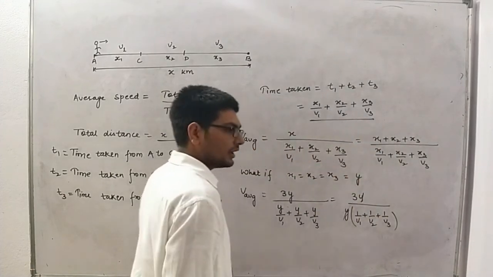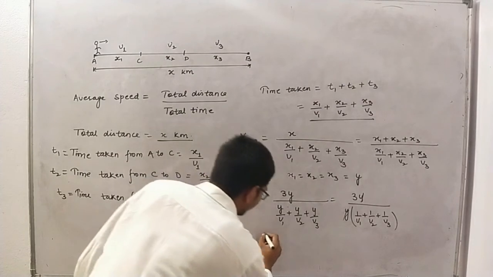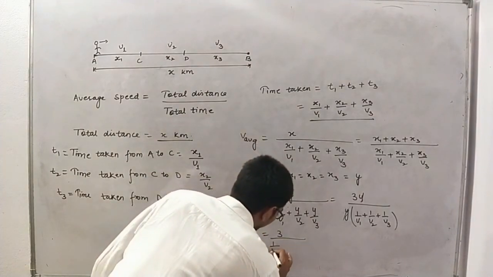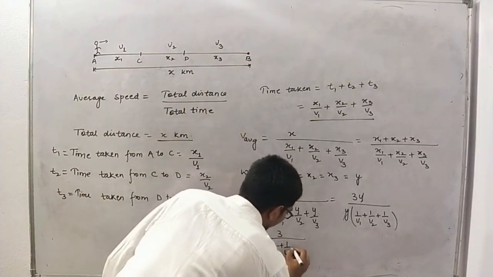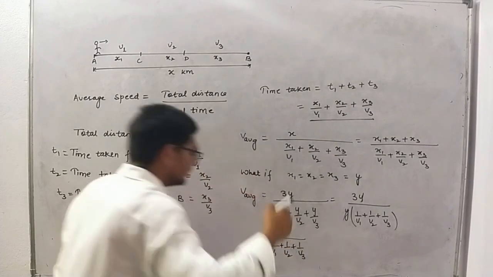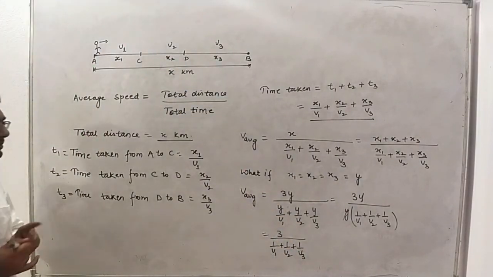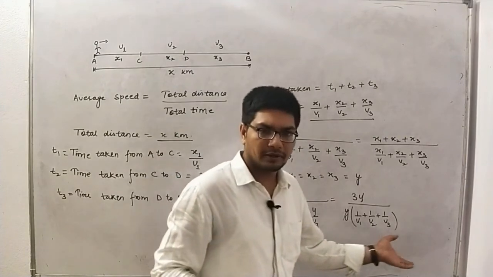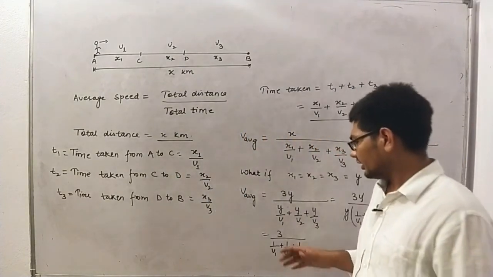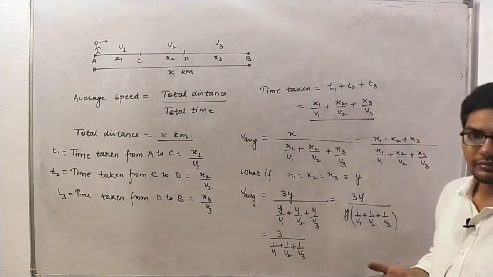Cancel it and it becomes 3 upon 1 by v1 plus 1 by v2 plus 1 by v3. However many speeds there may be, up to vn, no problem with that. That's how we do it. Got it?